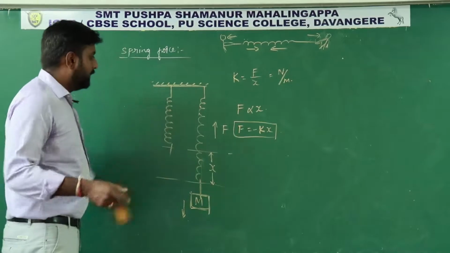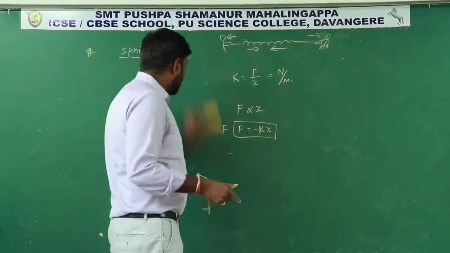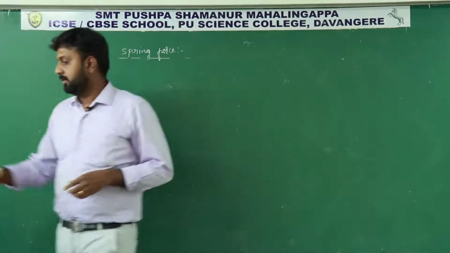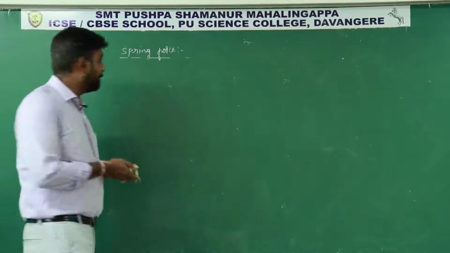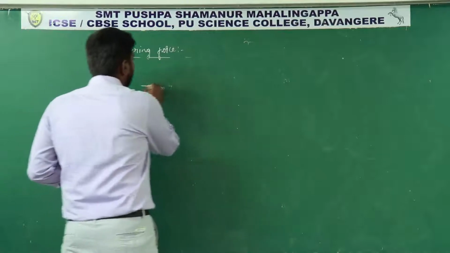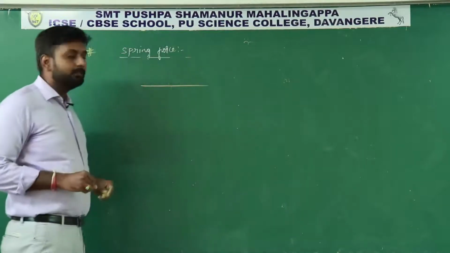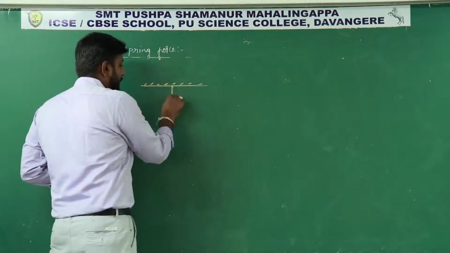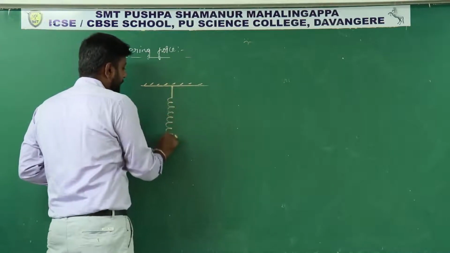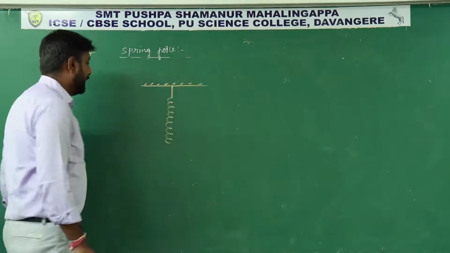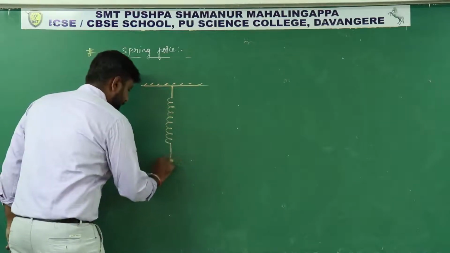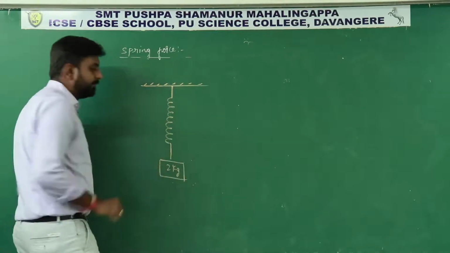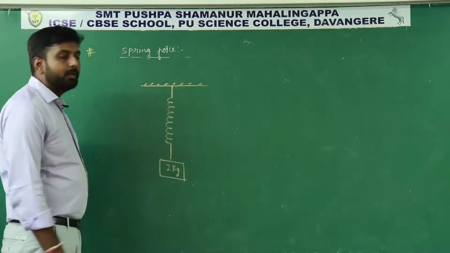So based on this, I will explain a small example problem. Let us consider a rigid support. This is the spring, and to this spring a 2 kg block is attached.